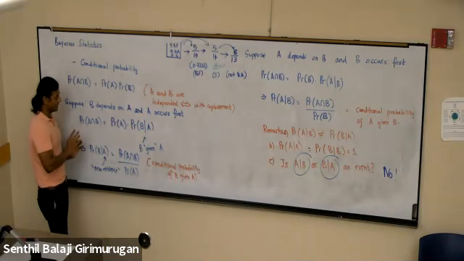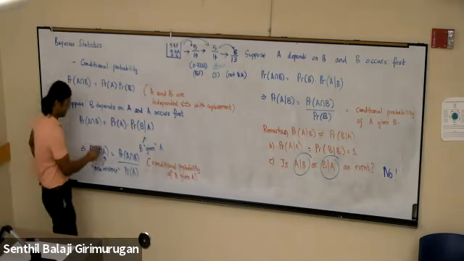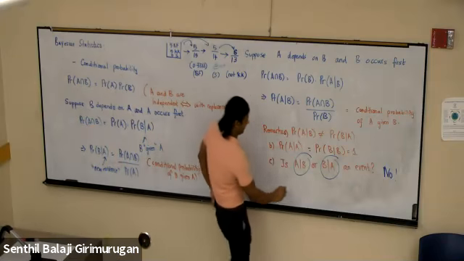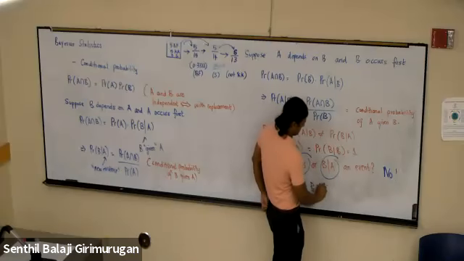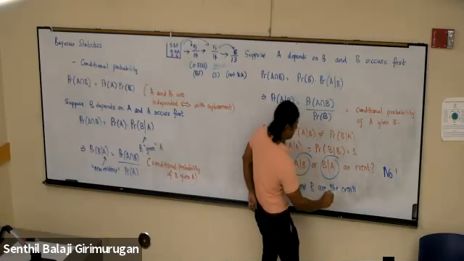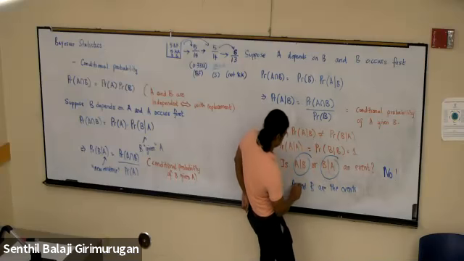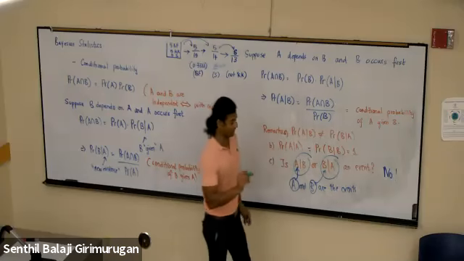So at the end of the day, the event of interest is always B. So here, A and B are the events. I should put A over here and the B over there are the events.